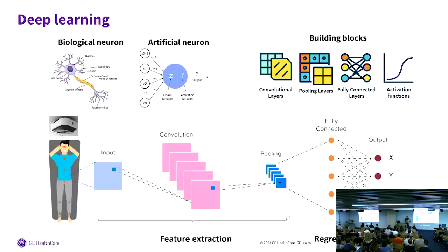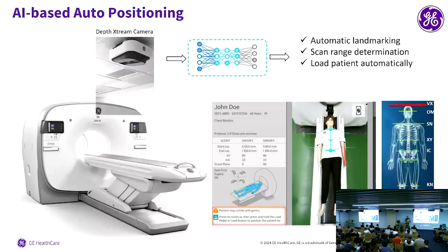It's called VGGNet. The backbone is VGGNet, but it has two parts: feature extraction, and at the end, certain decisions such as regression. And the real-world application for this is auto positioning, which GE scanners, PET-CT and CT scanners, provide.